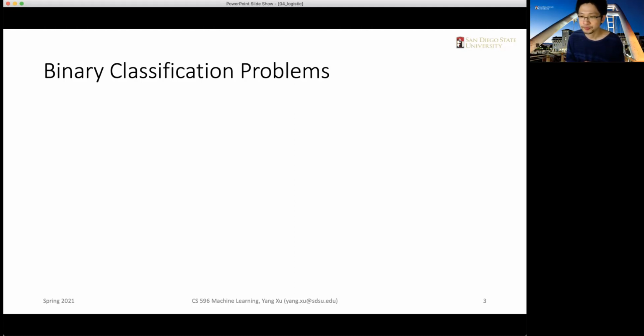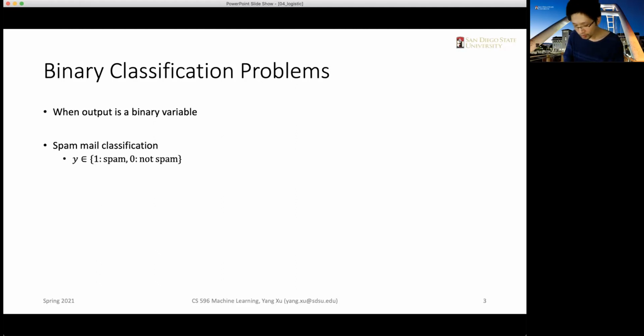And first of all, we need to have a correct label associated with each fish in our bag. Okay, so it's a very typical binary classification problem, and the output is a binary variable, which is just 0 or 1.